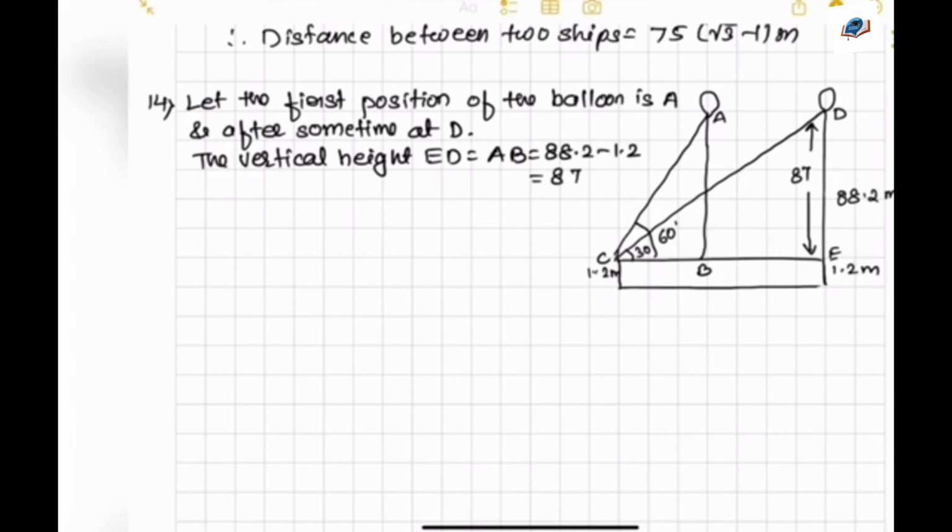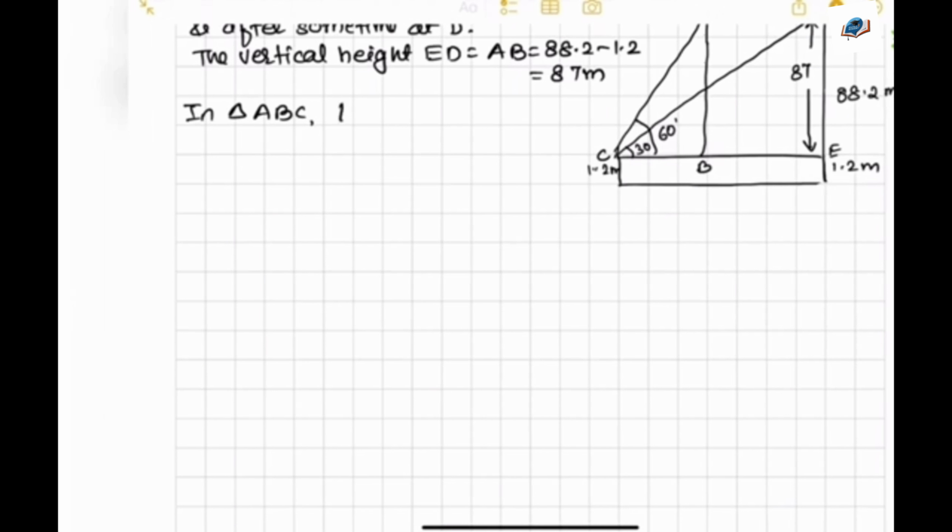So now in triangle ABC, tan 60 degree will be AB upon BC. So I can say root 3 equal to 87 upon BC. So I can say BC equal to 87 by root 3.